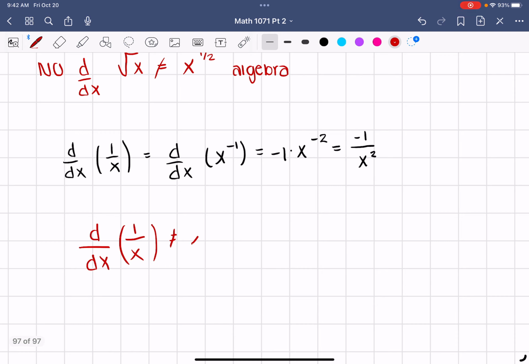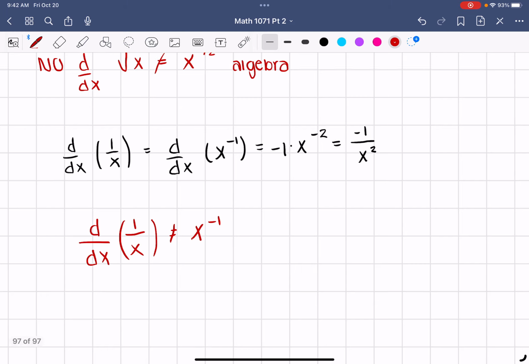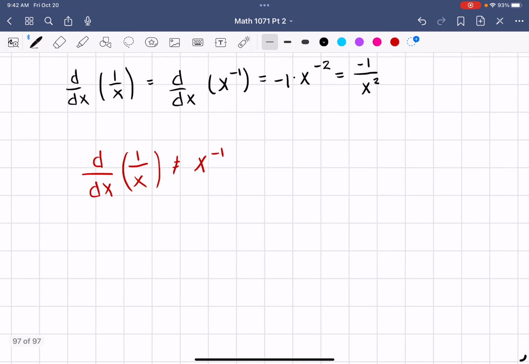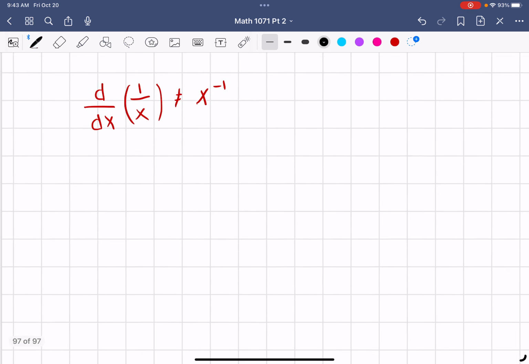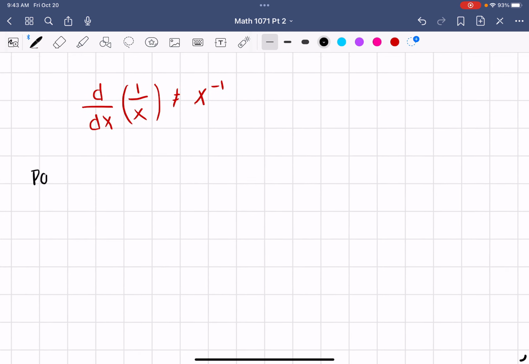Now, I also want to say this. Because now the new material is we're starting to use this backwards. And that's often confusing to people. What have we learned?